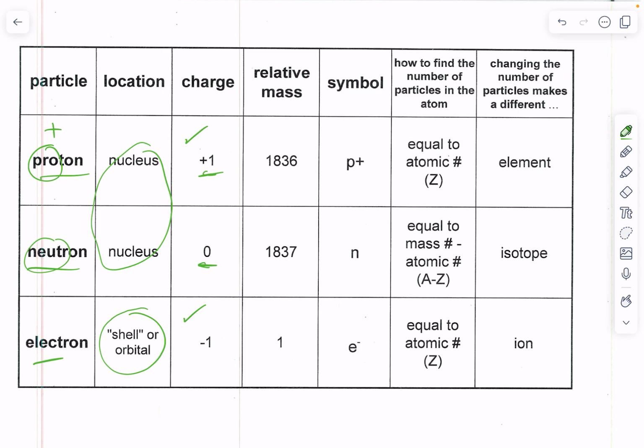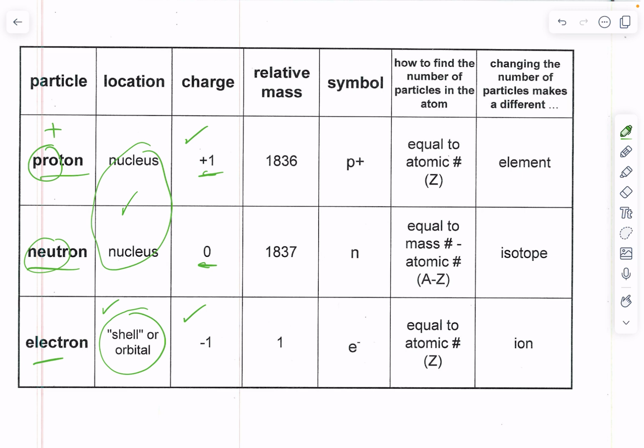We should mention, of course, that the protons and neutrons are also in a prescribed, organized fashion inside the nucleus. We don't know nearly as much about the organization of the nucleus as we know about the organization of the electrons about the nucleus.